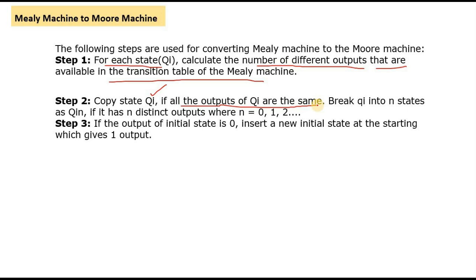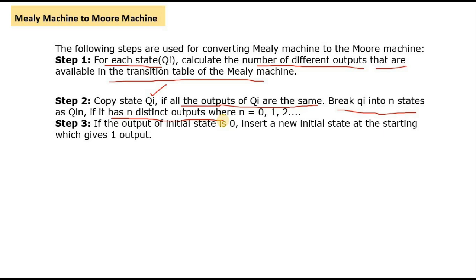Break that into n states if it has n distinct outputs. All the outputs of qi are the same, and break qi into n states if it has different outputs.